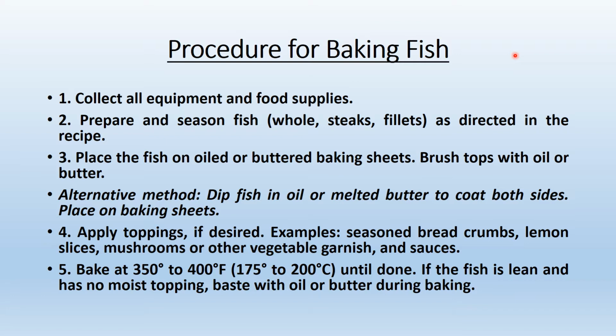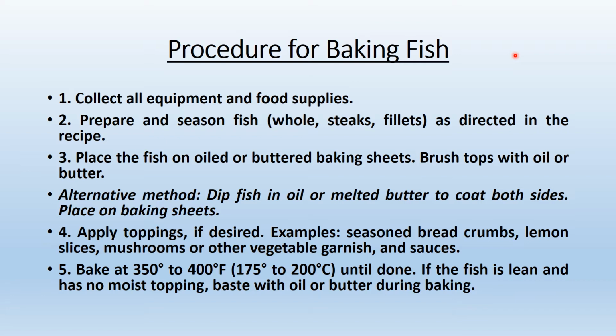You need to have all your equipment, for example baking pans and spatulas. Of course, your oven needs to be on at the temperature that you wish to use for baking your fish. Your food supplies, for example your fish and your vegetables. This is what is known as mise en place, right?